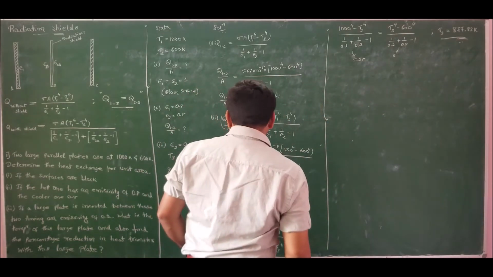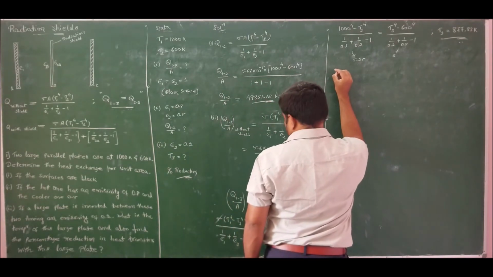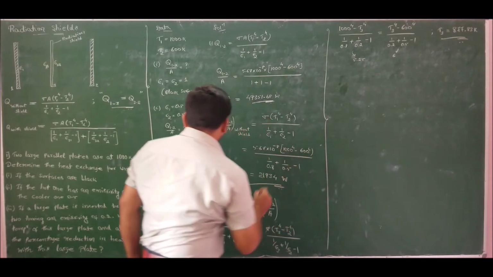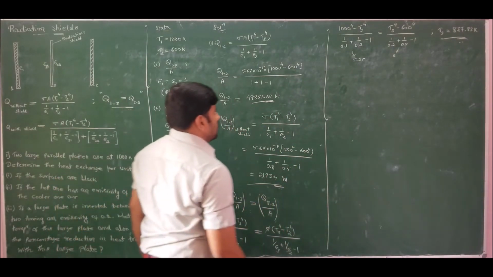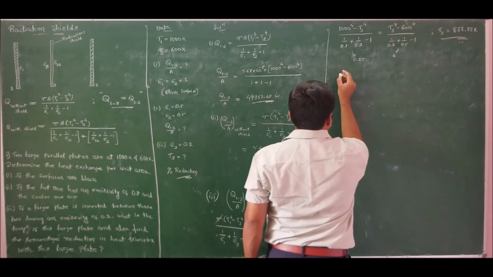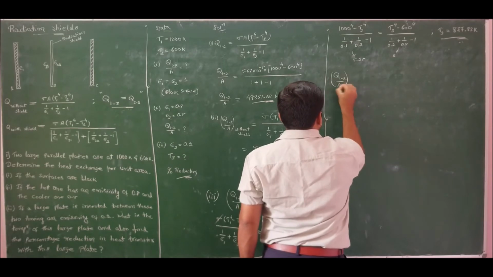Now, in order to determine the percentage reduction, I should find the value of Q with shield. So therefore, continuing the question number 3, let us find Q12 by area, heat flux with shield.